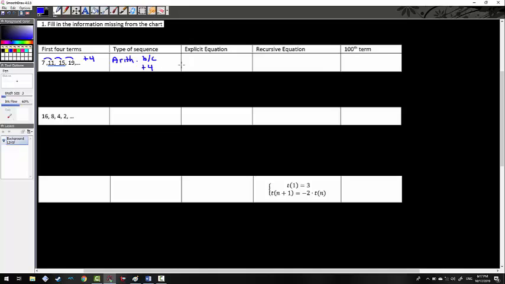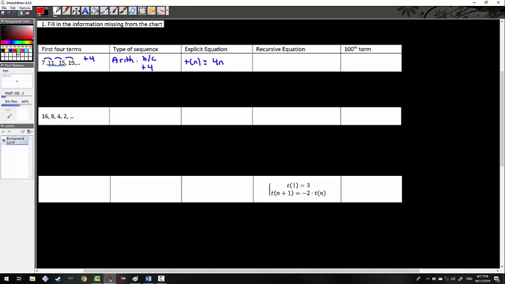So because it's an arithmetic sequence, we can write an explicit equation for it. So we can say that t of n is equal to, well, it's going to be 4n, right? Because 4 is the common difference each time. It's like the slope of this if it was a line. In order to get the next piece of the equation, I have to find the 0th term of this sequence.